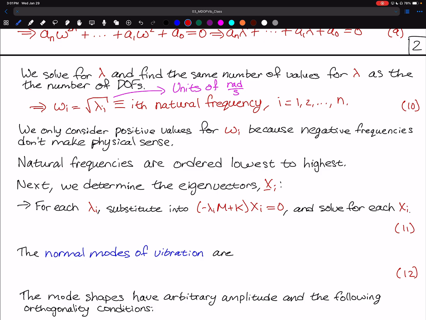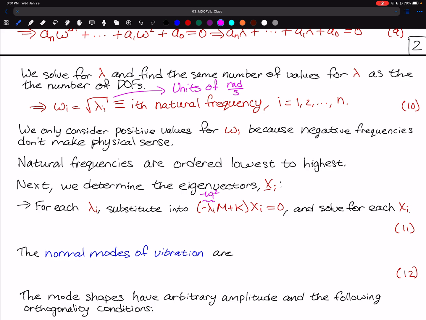So for each lambda or for each omega, we're going to plug that into this equation. And just to be clear, this is minus omega_i squared. So you can either plug in omega_i squared or you can plug in lambda_i in here. We'll then go ahead and solve for each X_i.